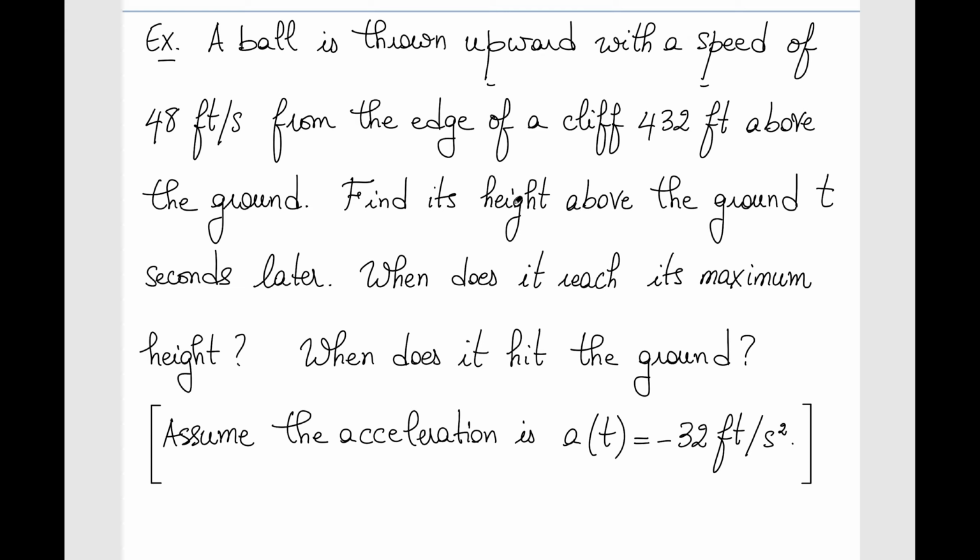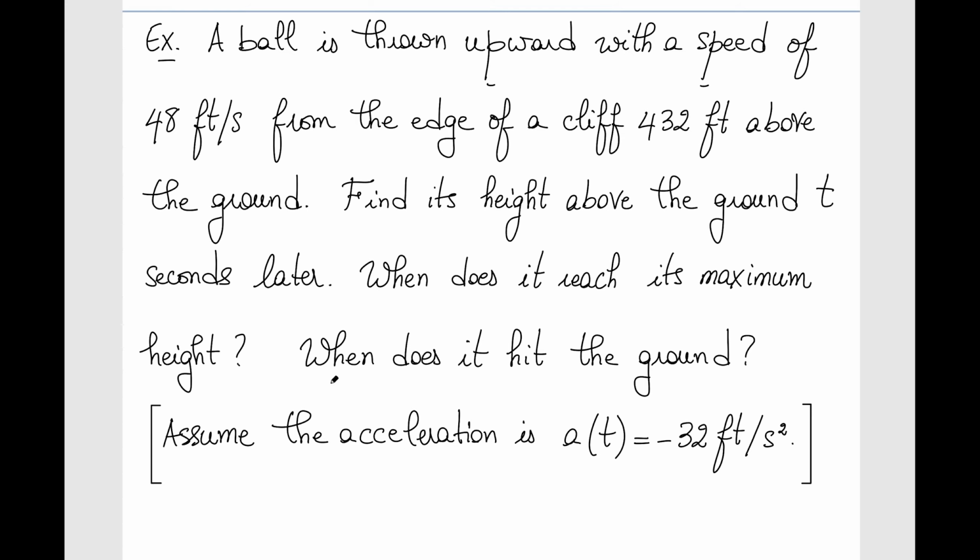Find the height above the ground t seconds later. So we're going to find the height function, the height above the ground of this ball t seconds later. All right? When does it reach its maximum height and when does it hit the ground?